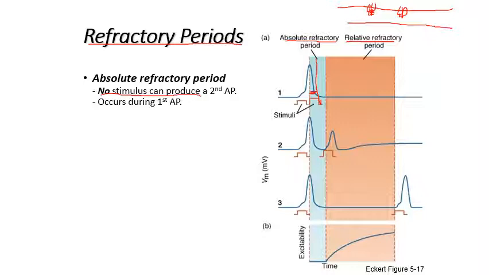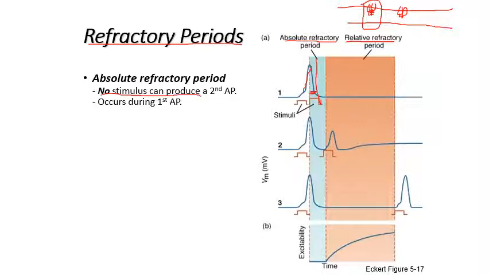So in this portion of the membrane where I'm recording, if these channels are in this inactivation range, I cannot get another action potential. So the absolute refractory period is caused by that inactivation gate. Until this channel resets, I can't open it again. And if I can't open this channel, I can't have my action potential.